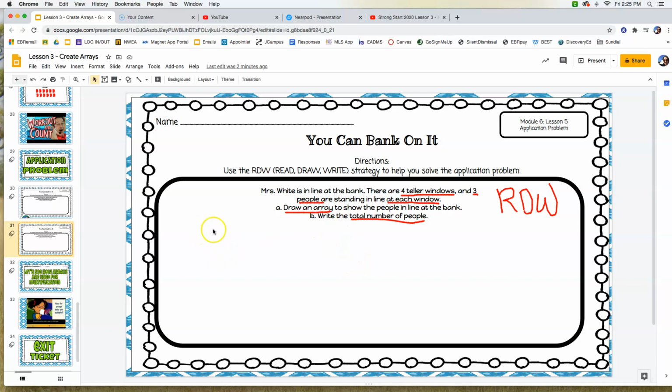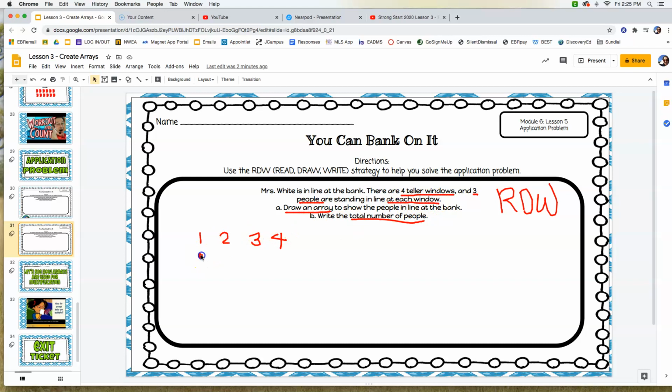So let's start with our array now. 4 teller windows. So I'm just going to write 1, 2, 3, 4. And you might not have done that, and that's okay. No big deal. I just like to help my brain think about things by writing little notes as I go. So 4 teller windows, and 3 people are in line at each window.